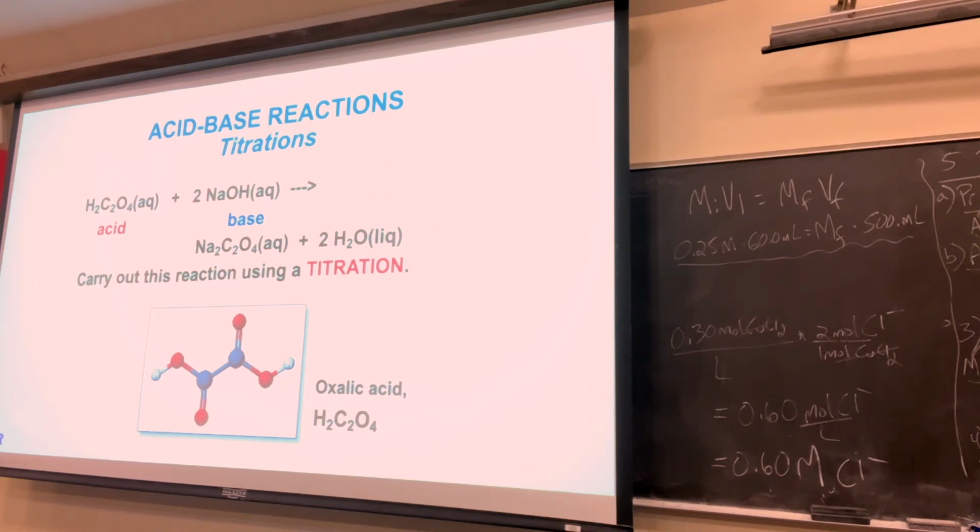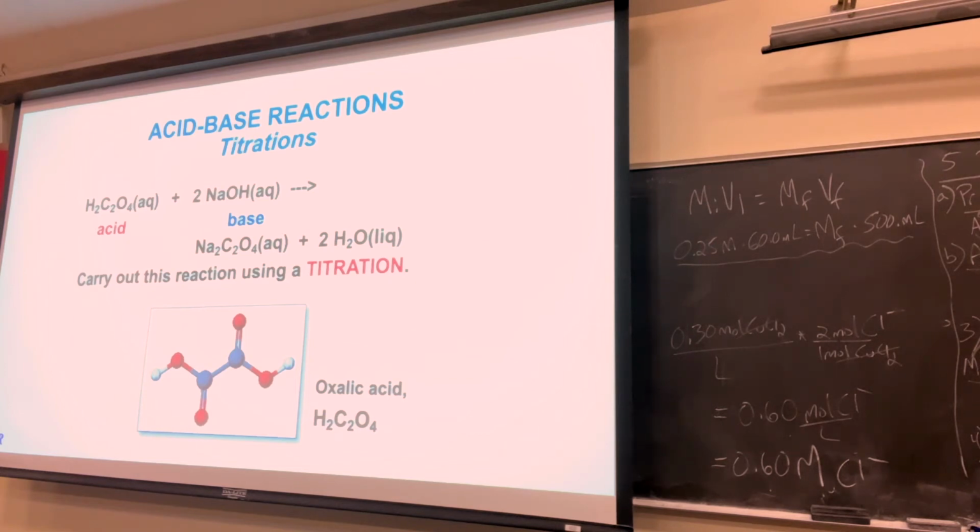Really, really powerful. So to demonstrate what a titration is more, where we use these solutions we were just talking about, let's use this particular reaction. And this is our friend oxalic acid, once again, that we talked about earlier. We're going to take oxalic acid and react it with sodium hydroxide. Now, remember that any compound where hydrogen is listed first is going to be an acid.